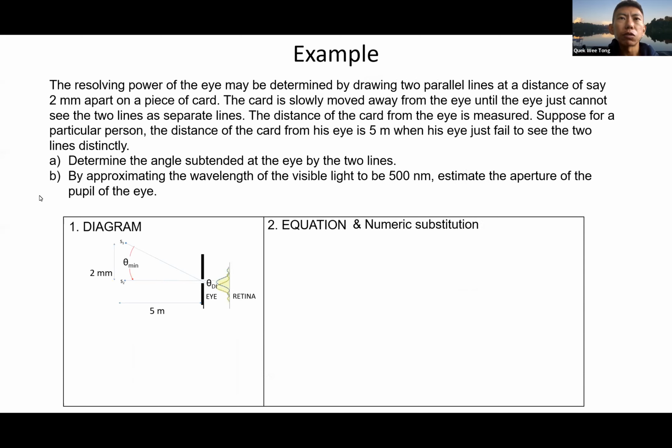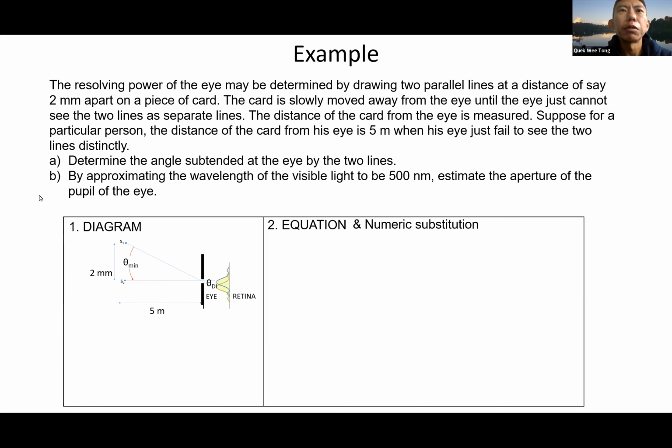Without further ado, let's just do one example. You may read the story here. So resolving power of the eye determined by blah, blah, blah. So different from just now that question, instead of moving the object away, what do we know here?